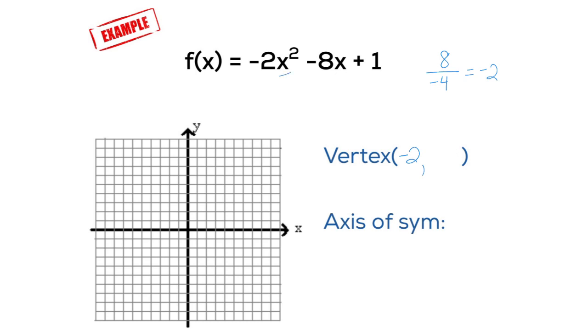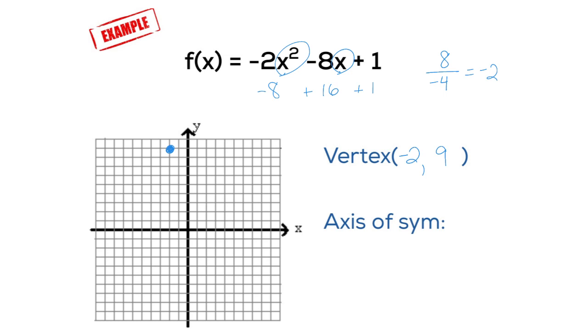Now you're going to plug negative 2 in right here, squared, so that's a 4 times the negative 2. Then you're going to plug a negative 2 in here, which is going to turn that into a plus 16 and then a plus 1. So that's a 17 minus the 8. That's 9. So my vertex is negative 2, 9 right here.